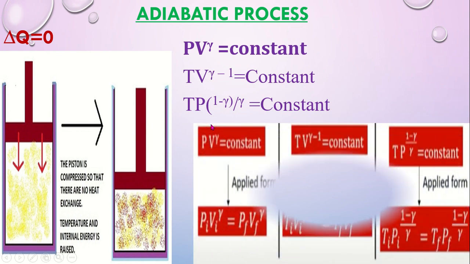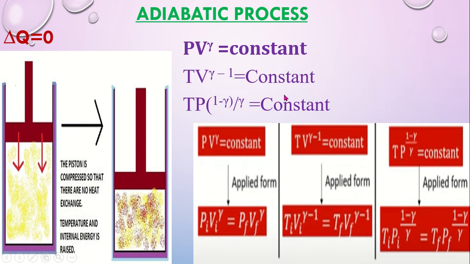So the applied form of this formula is Pi Vi to the power gamma equal to Pf Vf to the power gamma. That means the initial product of pressure and volume equals the final product of pressure and volume. Here Pi is the initial pressure, Vi the initial volume, Pf the final pressure, and Vf the final volume.